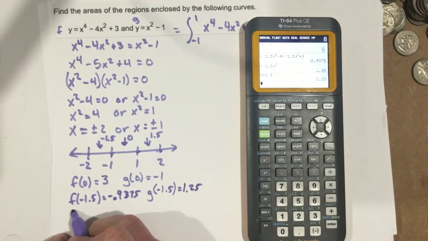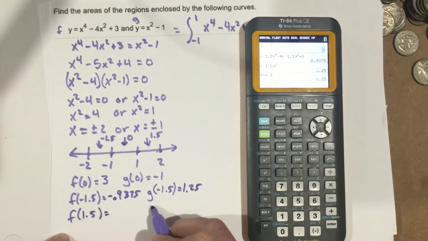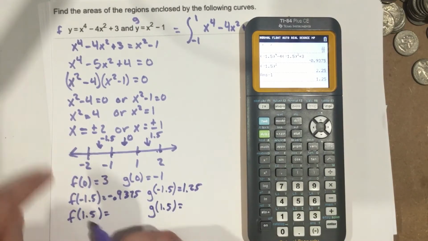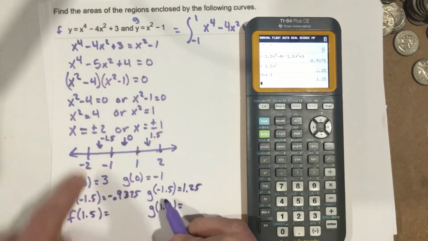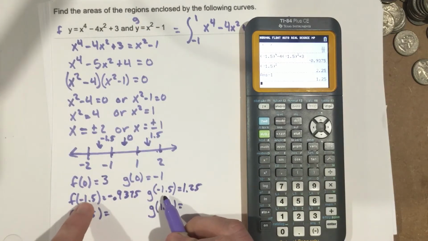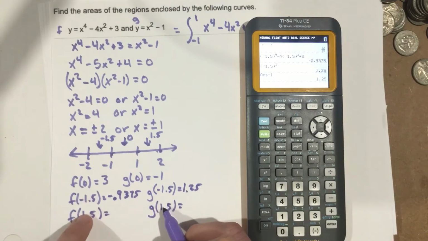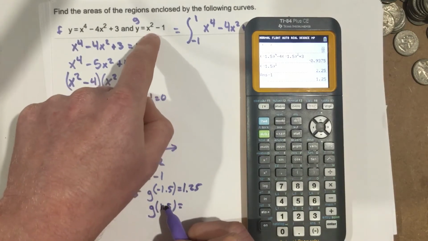Now if I do the same thing for 1.5, notice that I'm plugging in the same values, the opposite signed values, into a quadratic, and that's not going to change it.